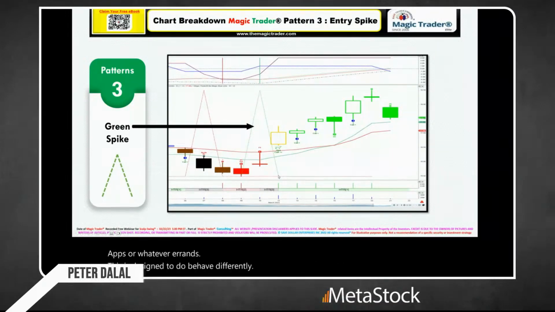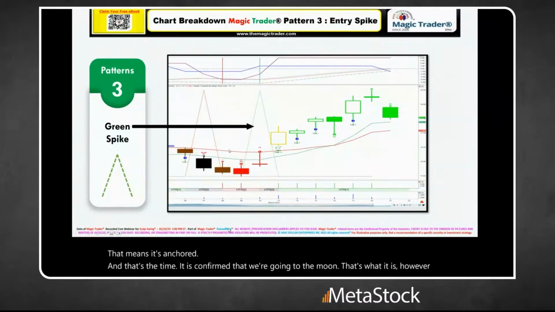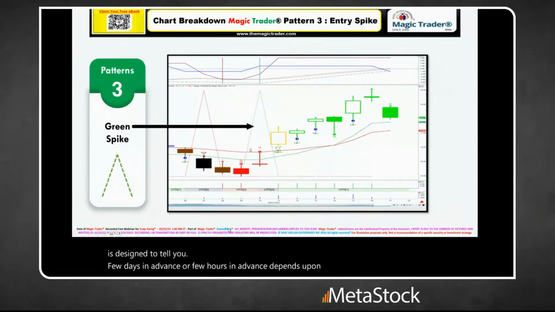When the base is cleared, that means it's in the middle of this candle. That means it's anchored, and that's the time it is confirmed that we're going to the moon. However, it is designed to tell you a few days in advance or a few hours in advance, depending upon what time frame you're looking for, that we are going bullish.